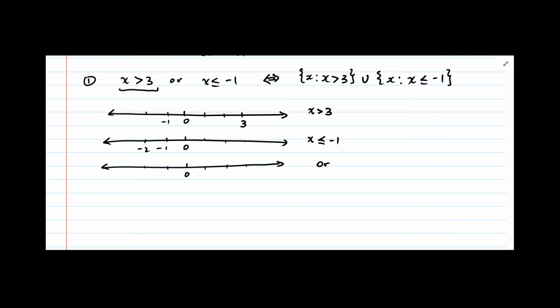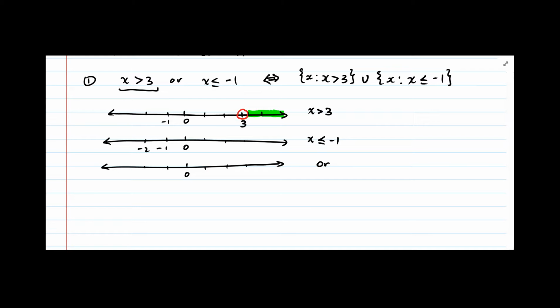If I am going to graph my first inequality, x is greater than 3, then I would have an open circle, and we would be looking at everything to the right of 3, correct?